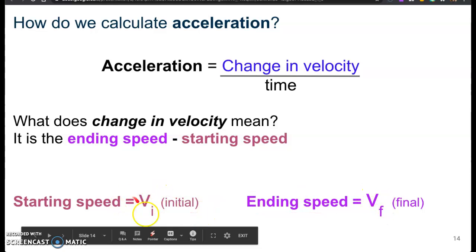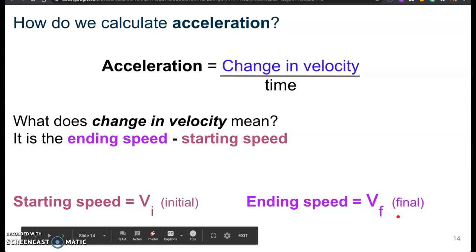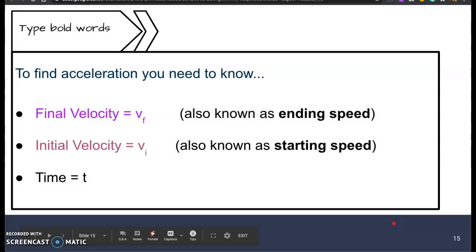V standing for velocity, I stands for initial, so your initial velocity or your starting speed. Your ending speed is V for velocity and F for final, your final velocity. So to find acceleration, you need to know the final velocity or ending speed, the initial velocity or starting speed, and the time they're giving you.